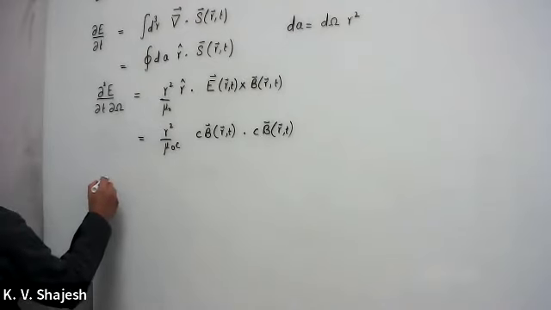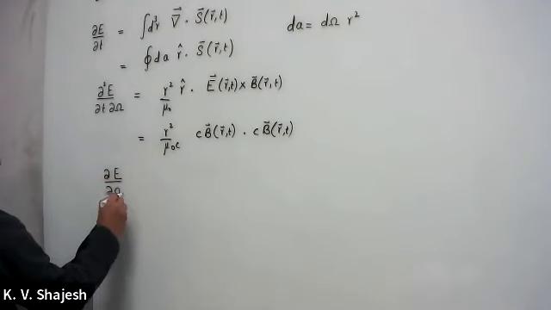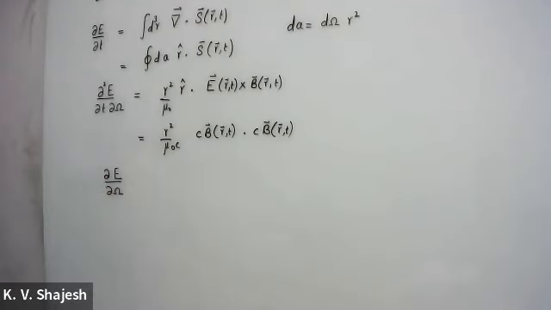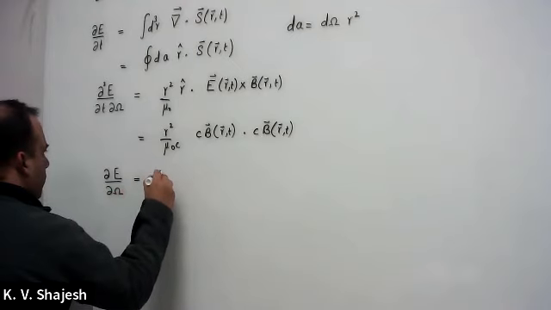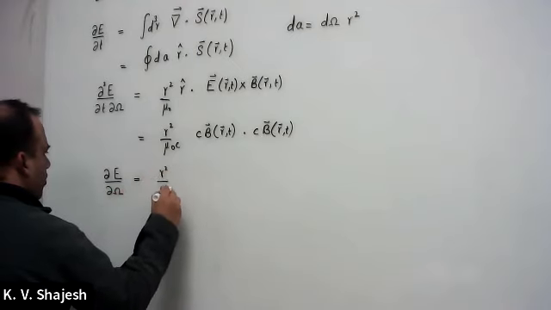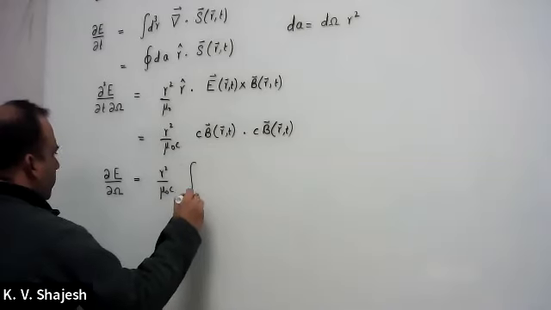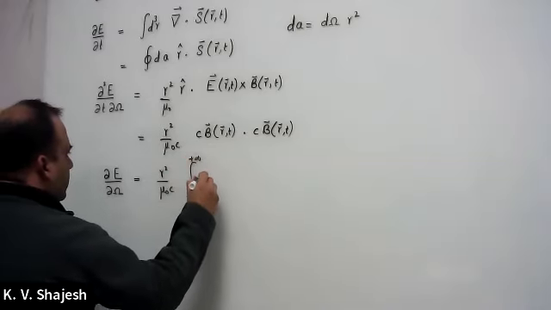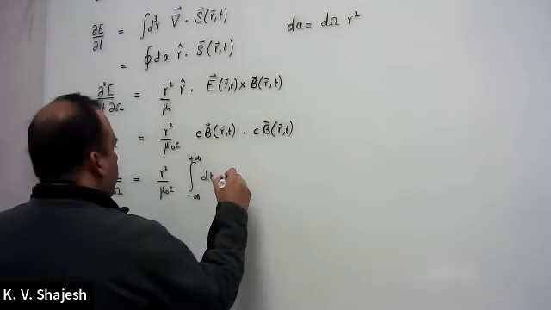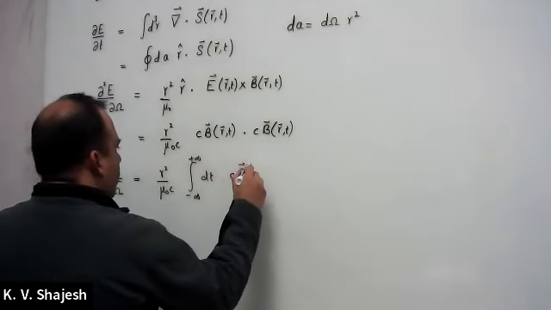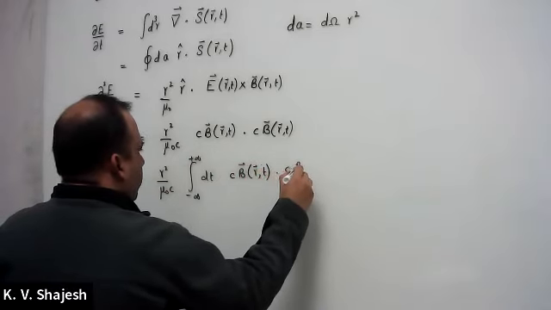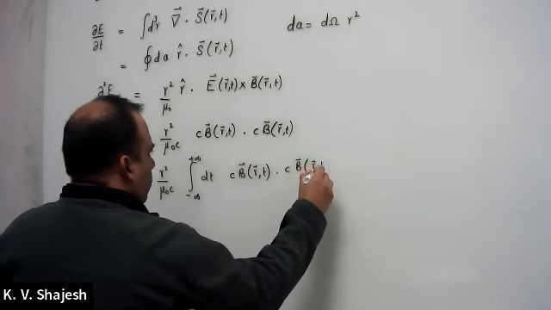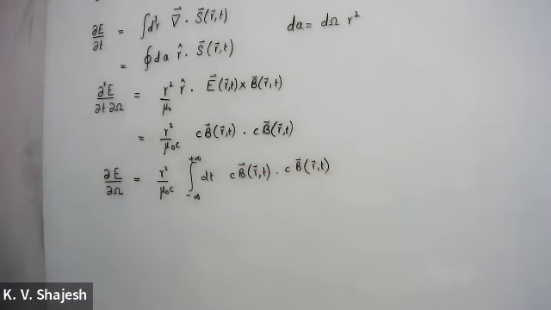So how much energy is radiated in a single solid angle over the total time will be equal to r squared over mu naught times c, integral from minus infinity to plus infinity dt, of B of t dotted with B of t. Clear?